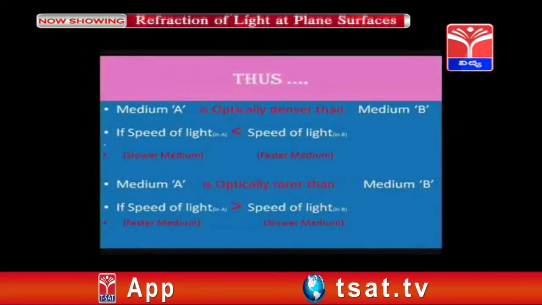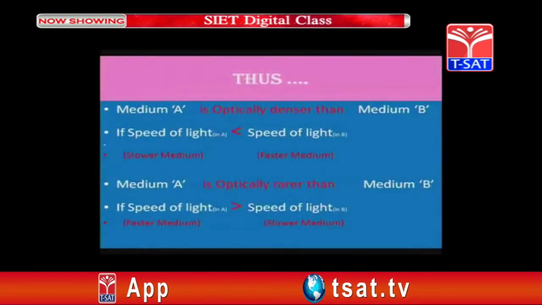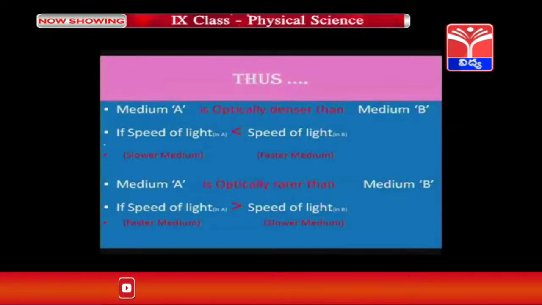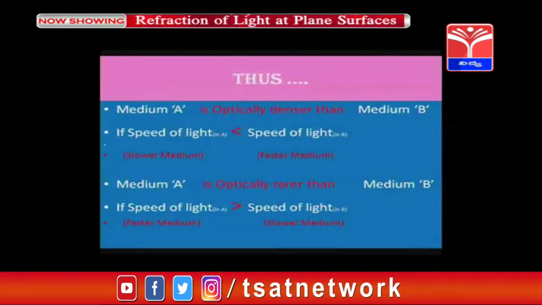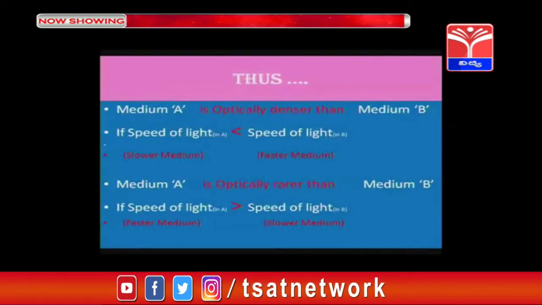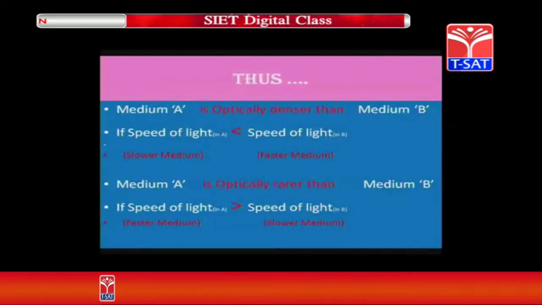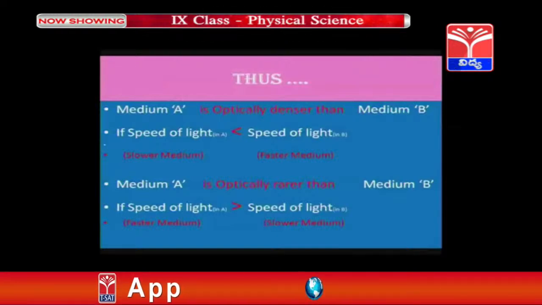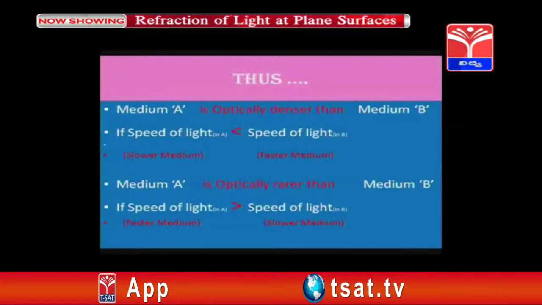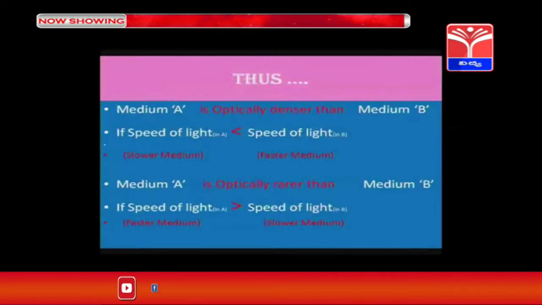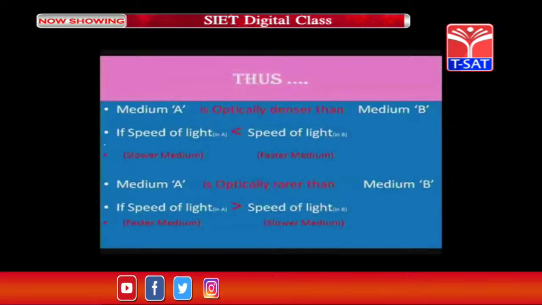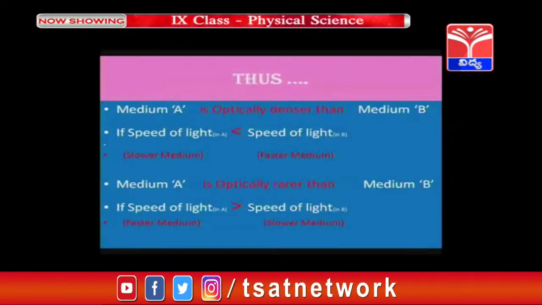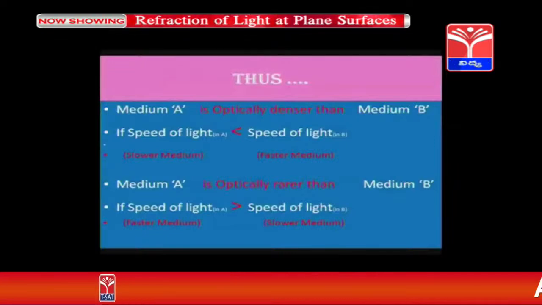Thus, medium A is optically denser than medium B if the speed of light in A is less than the speed of light in B. That is, optically denser medium is a slower medium. Medium A is said to be optically rarer than medium B if the speed of light in A is greater than the speed of light in B. Thus, medium A, which is optically rarer, is a faster medium.